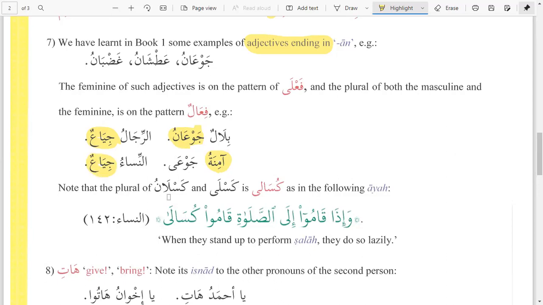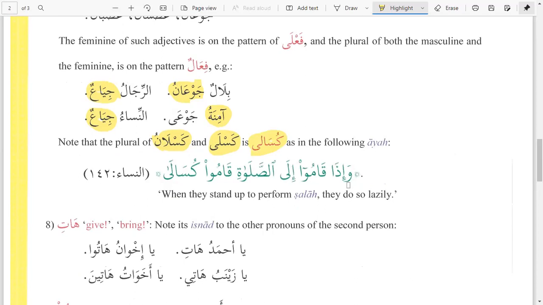Note that the plural of kaslanu and kasla is kusala. Kaslanu we use for the masculine and kasla is the feminine, and the plural of kaslanu and kasla is kusala, as in the following ayah.